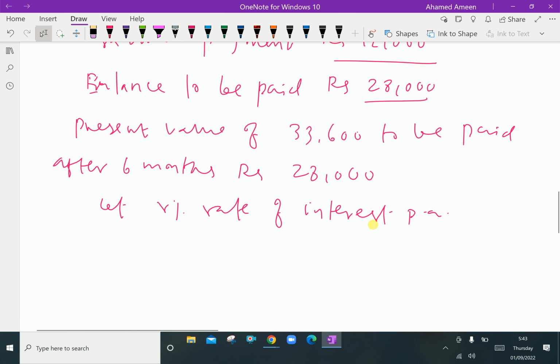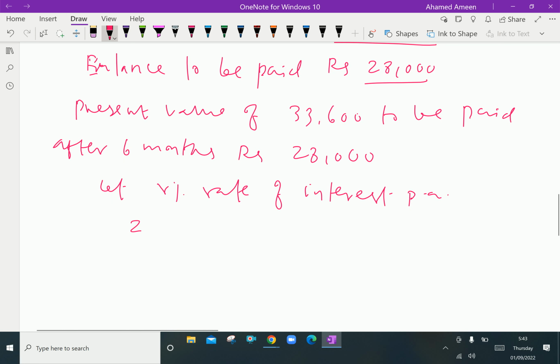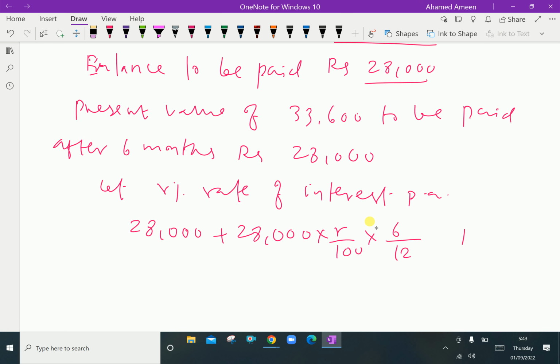Now you have to find: 28,000 plus 28,000 times R by 100 times 6 by 12, since after 6 months only he has to pay and R is per annum, is equal to 33,600. That is the present value of 33,600.